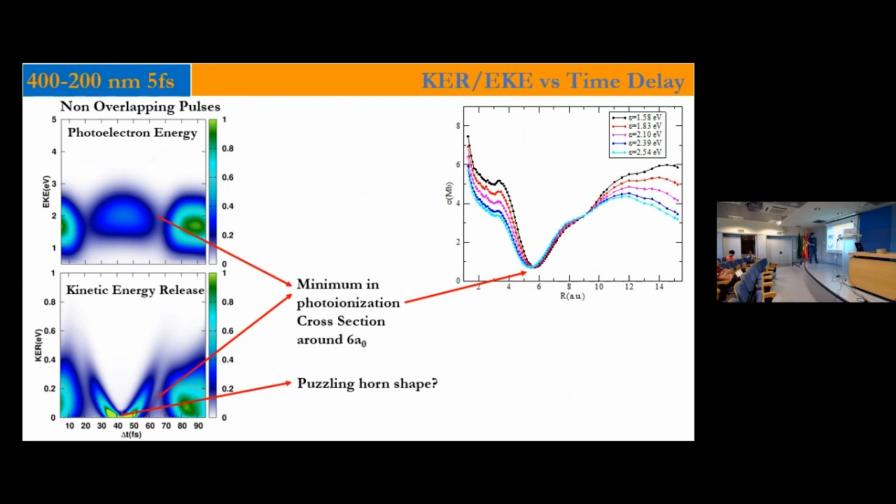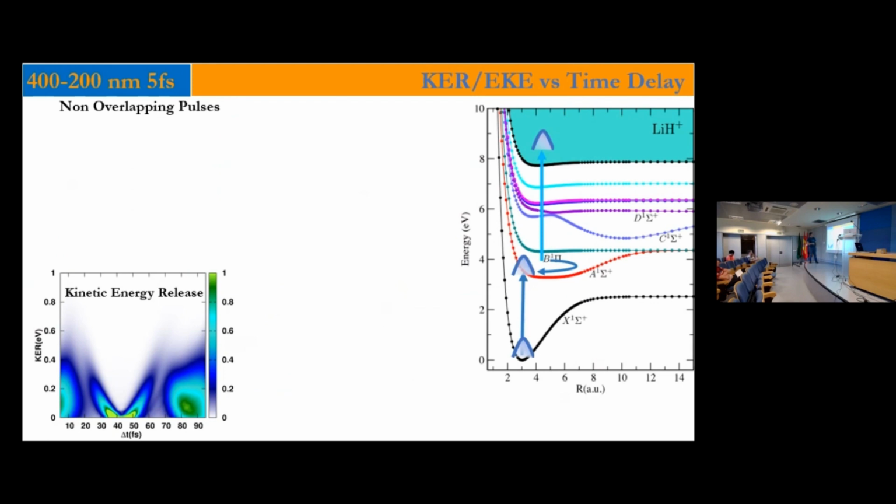There is also this kind of fork shape that the kinetic energy release has that is a little bit annoying, but also has a good explanation. So in order to explain this, we implemented a simple model in which we replace the photoionization amplitudes by just the Franck-Condon factors, to see if it was an effect of the wave packet moving, or just a pure electronic state effect, or a characteristic of the scattering wave functions or something like that.